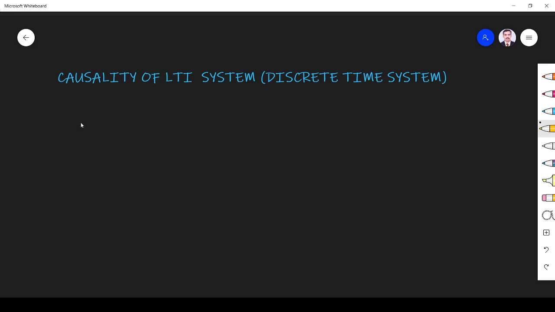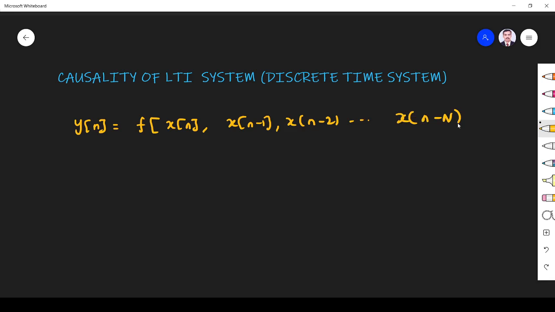We know that a system is causal if present output y of n is a function of present input x of n or past inputs. Then we can call the system a causal LTI system.